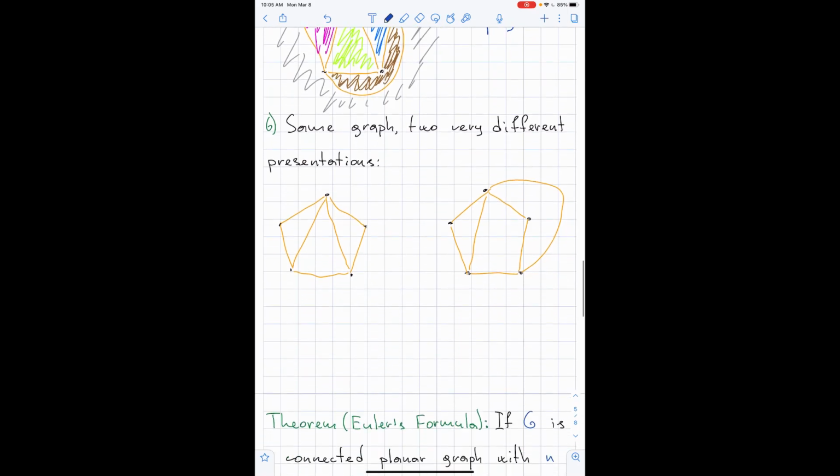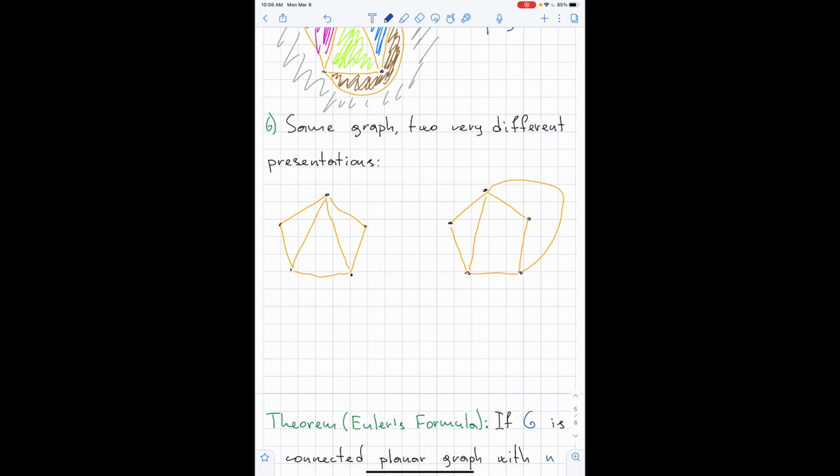Finally, I wanted to illustrate here that sometimes the same graph, up to isomorphism, I mean, two isomorphic graphs might have very different planar representations. So here I draw a 5-gon with two diagonals coming out from the same vertex.